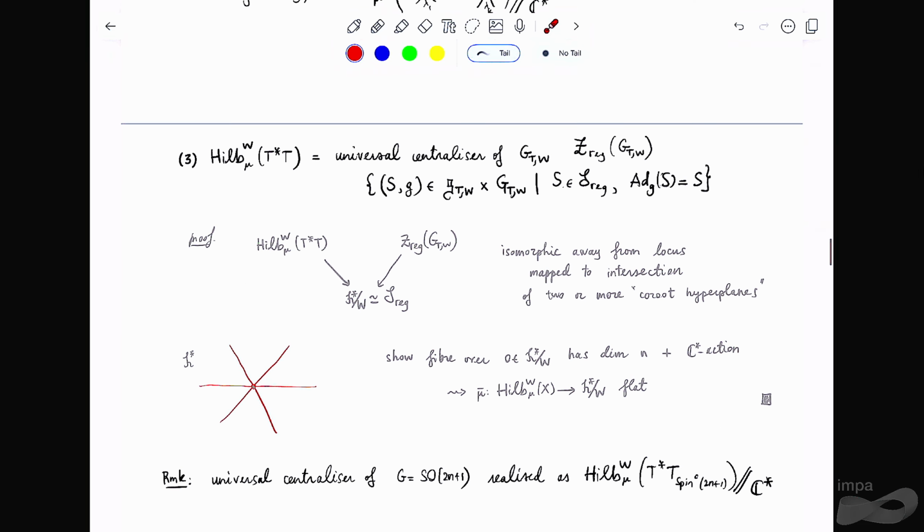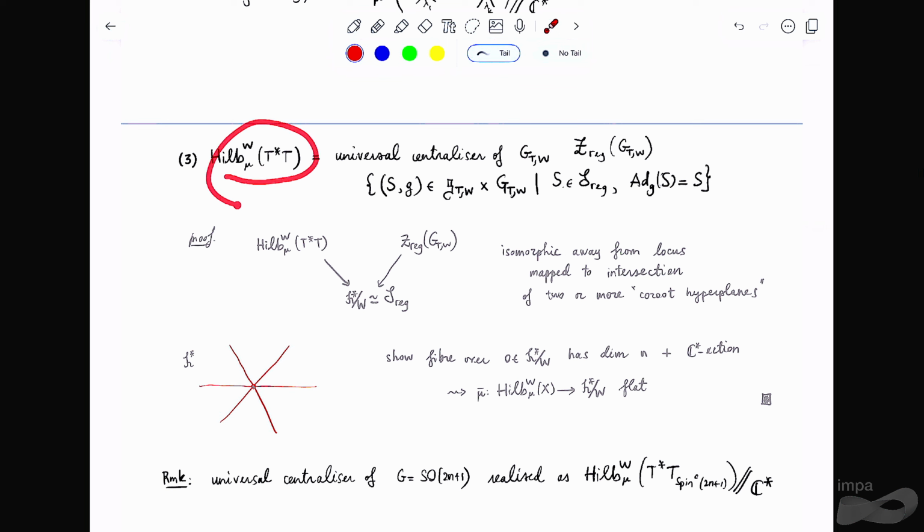Okay, so here's another high dimensional example. You start with the cotangent bundle of the torus, with the action of W and the standard holomorphic symplectic moment map.